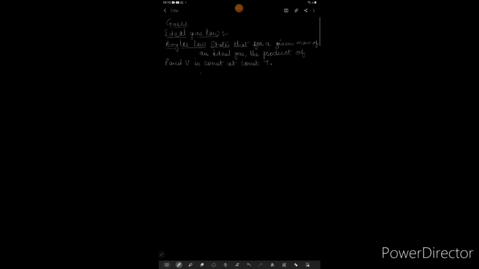This means mathematically P into V equals constant.